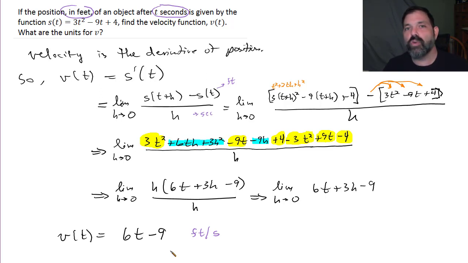Turns out that there's some nice formulas we can use to find derivatives that make this process much, much easier. But we had to start somewhere. We had to build this concept before we can then show the nice ways to do it. All right, so I'll see you then.